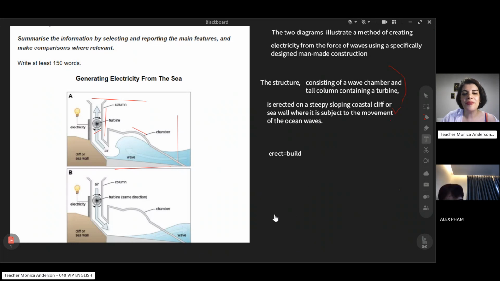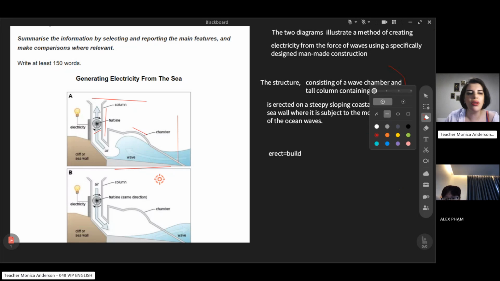Like high, steep. It's something like having a vertical slope. And what is this? Slope. What is the meaning of slope? You know this. It's a surface that rises at an angle.